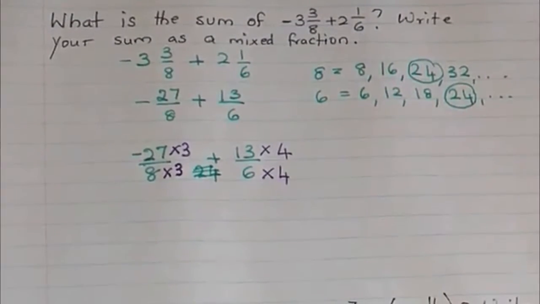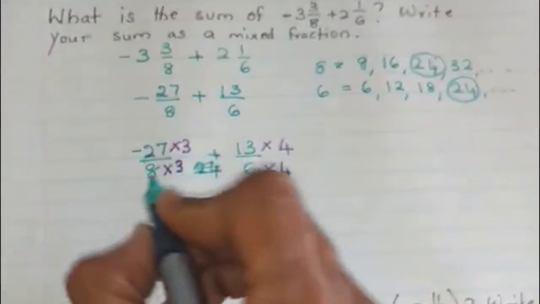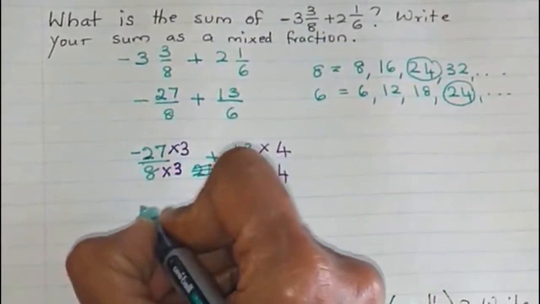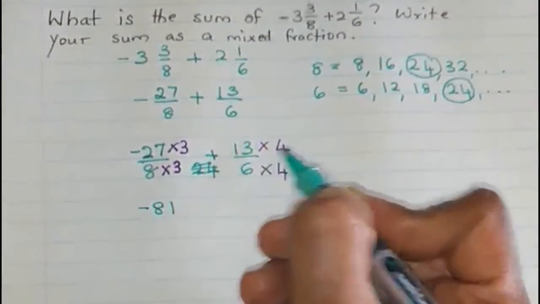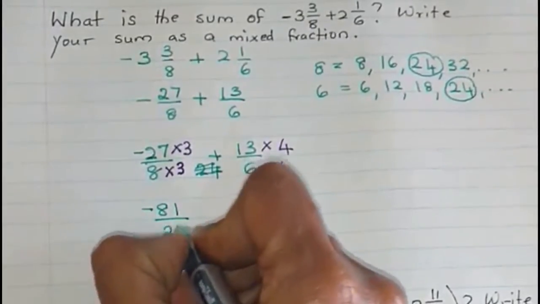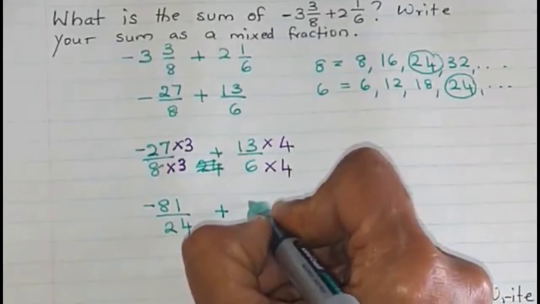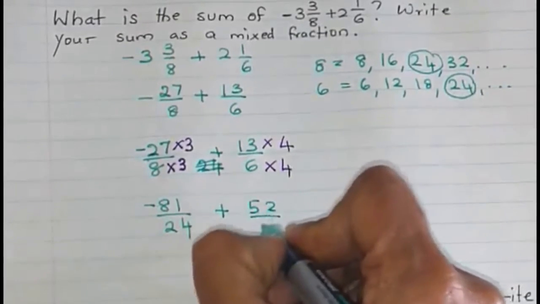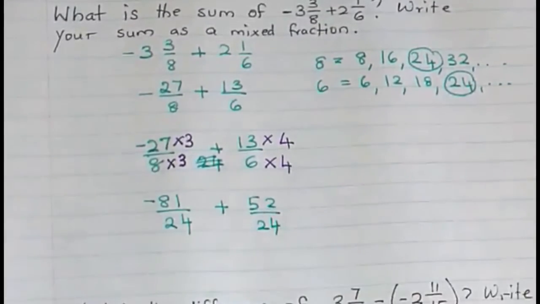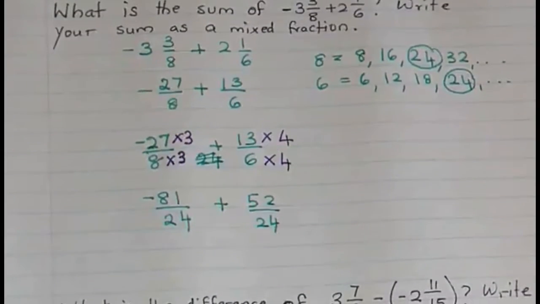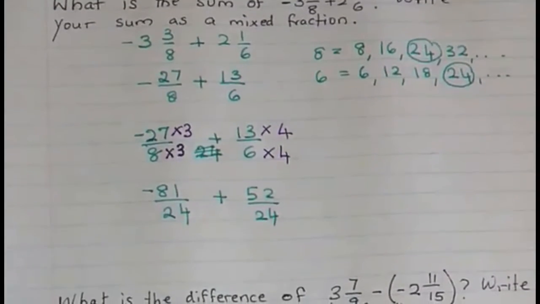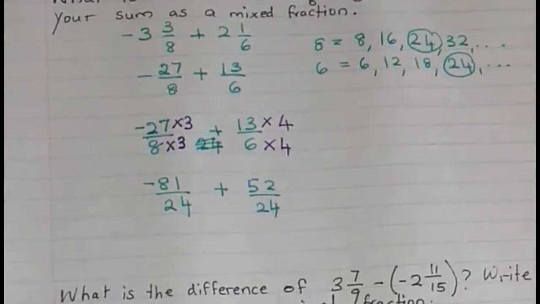So the answer would be, for the first fraction, negative 81 over 24, and the second fraction would be 52 over 24, because that's what we wanted, a common denominator. Now we can add the two numerators because we have the same denominator.